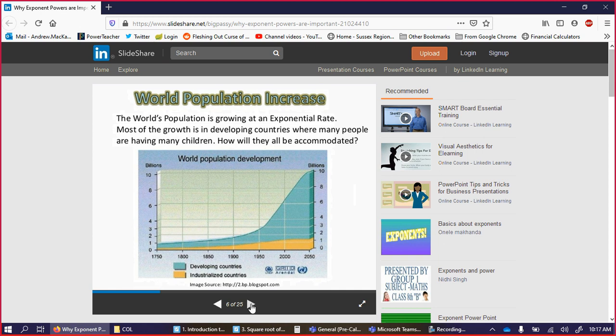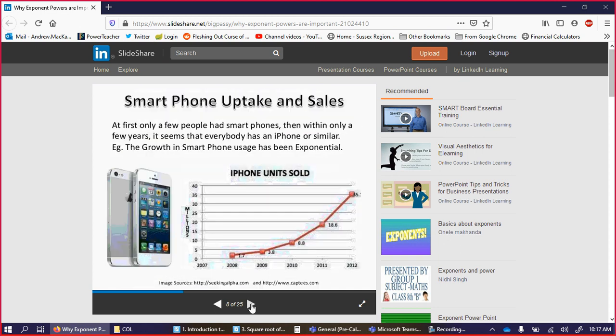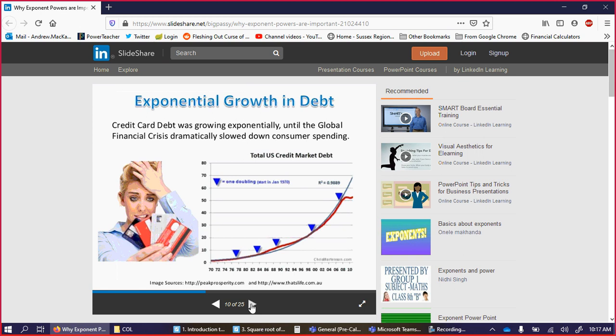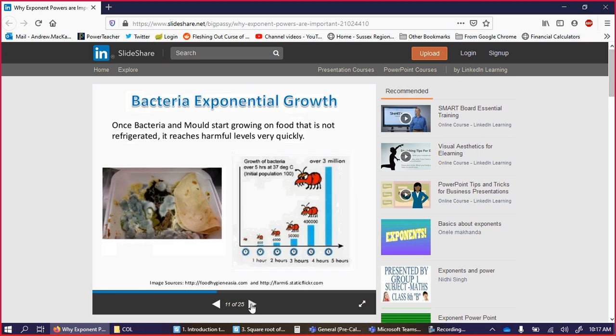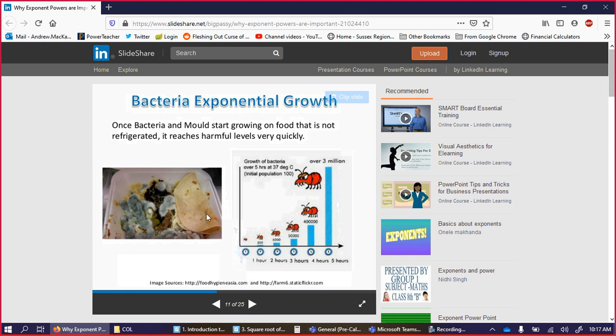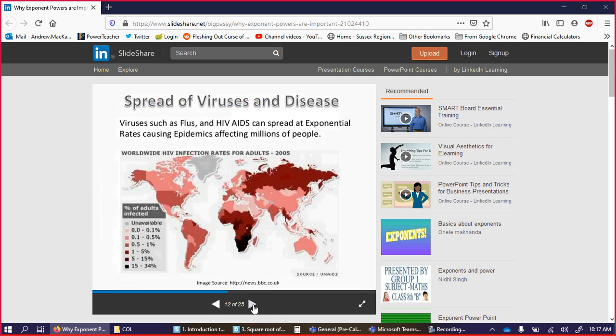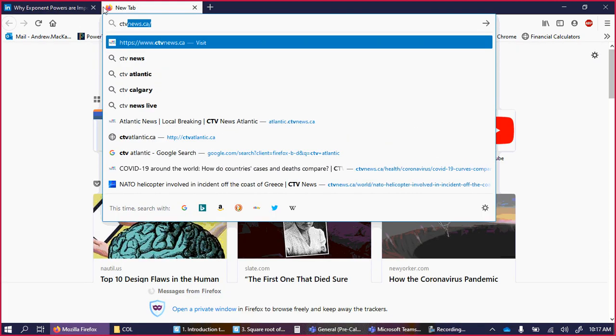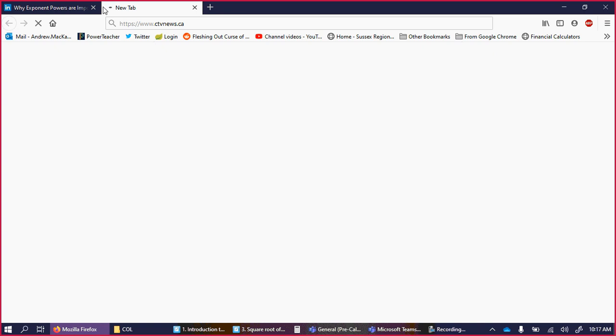Population increase, and debt if you don't pay your debt. Bacteria and viral growth. And there's been all sorts of different things about these in the news.